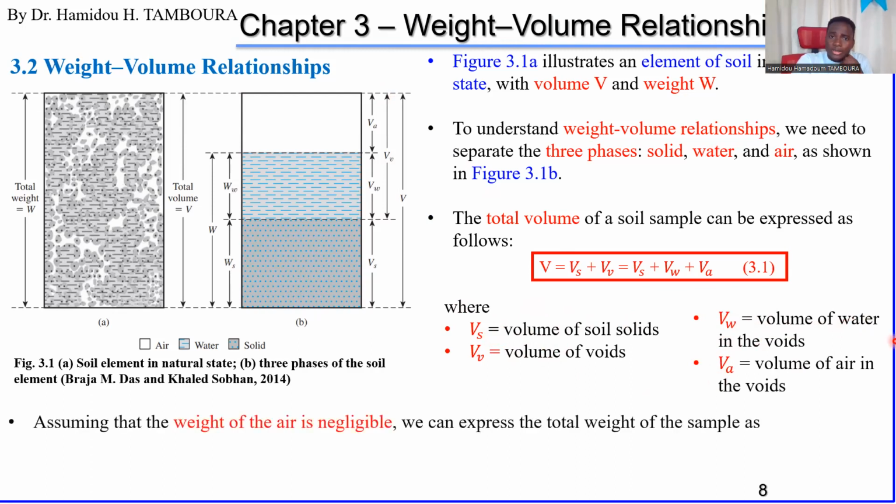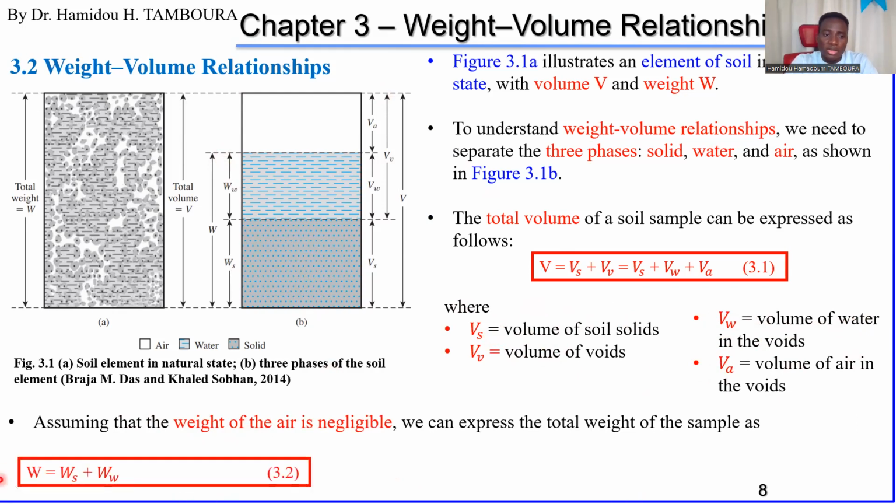Now, if we assume that the air is very light, it doesn't weigh that much, almost zero, so we can neglect the weight of the air. In that case, we can say that the total weight of our soil is just the weight of the solid part plus the weight of water. That's all. So here we don't need the gas phase of the soil sample for the weight.